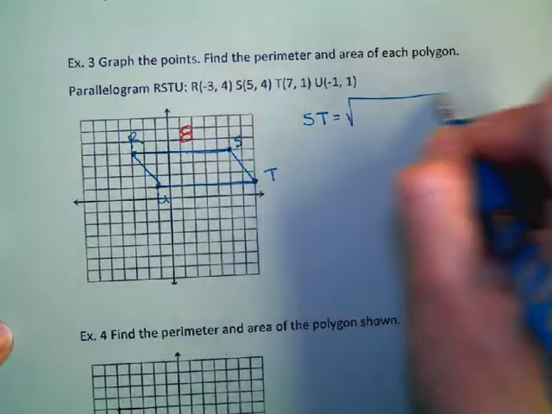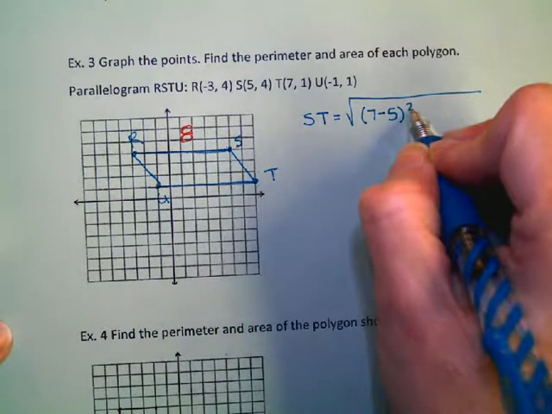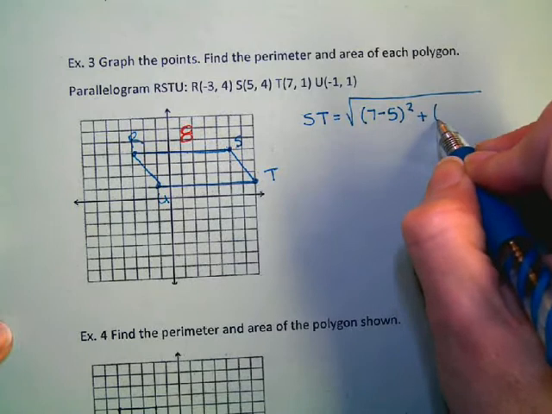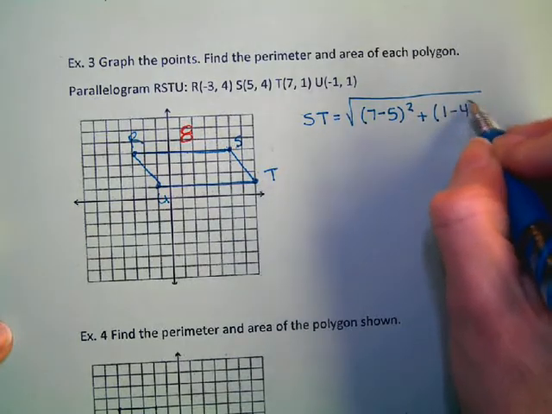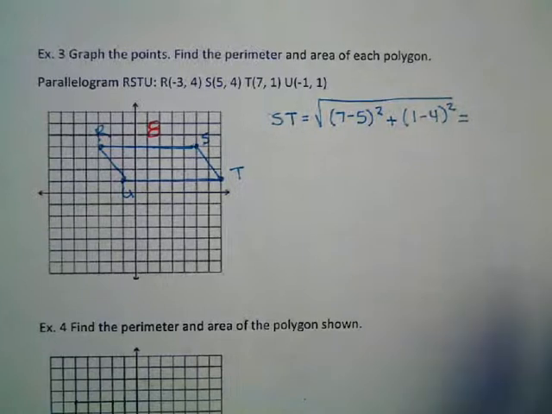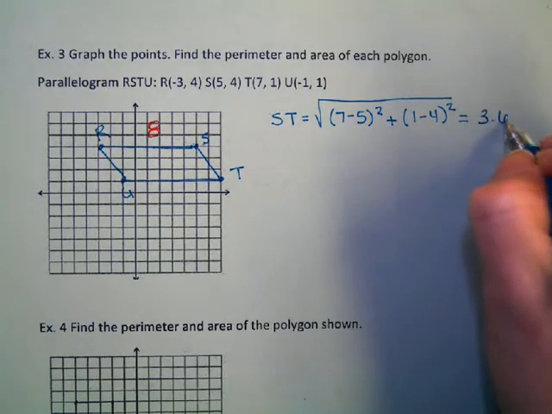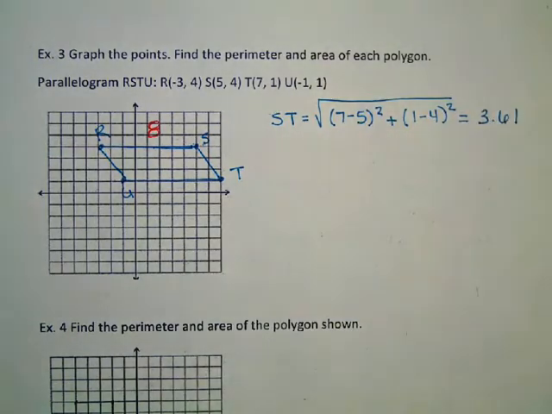I'm going to say, using the distance formula, I'm going to find ST. So 7 minus 5 squared plus my y values would be 1 minus 4 squared. So the length of the shorter leg comes out to square root of 13, which is the same as about 3.61.